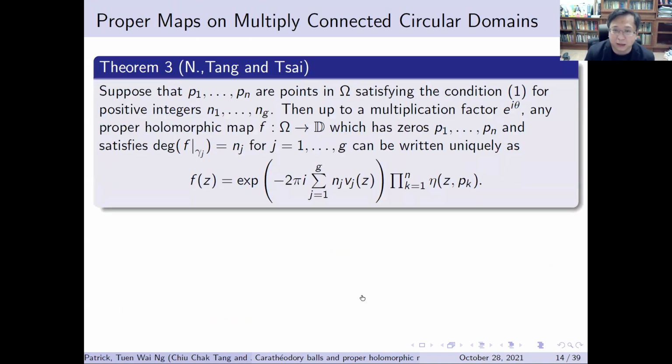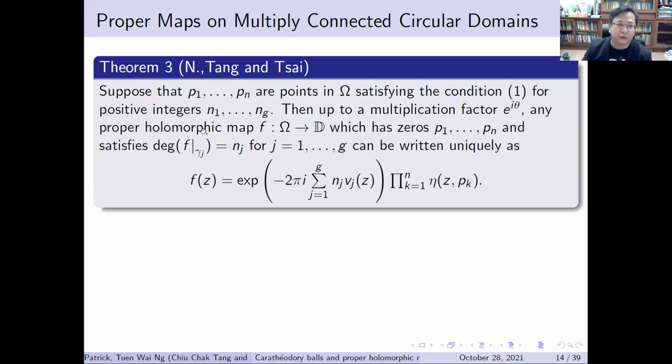Now here is the characterization for proper maps from a circular domain to the standard unit disk. First of all, let's take p1 up to pn, points in this omega, and let us assume these points satisfy the harmonic measure condition I just mentioned. And then we also have n1 up to ng, they are positive integers.